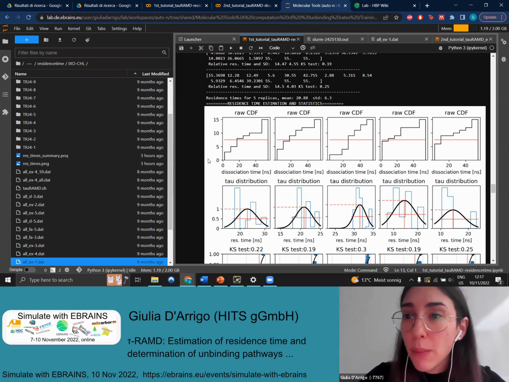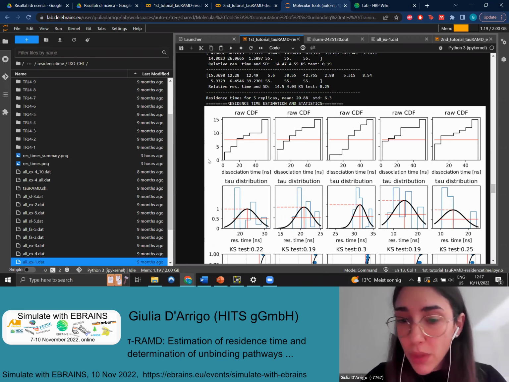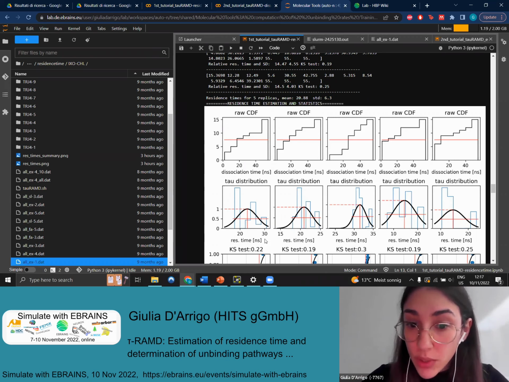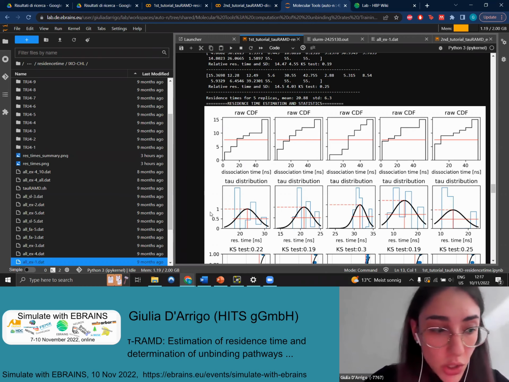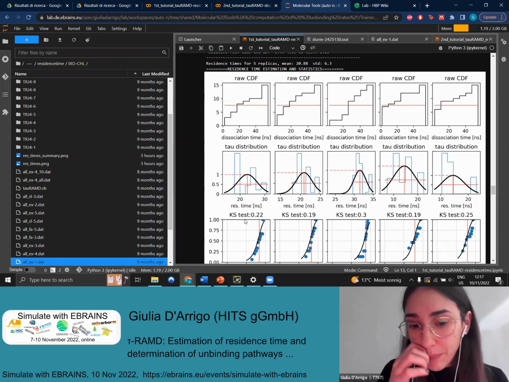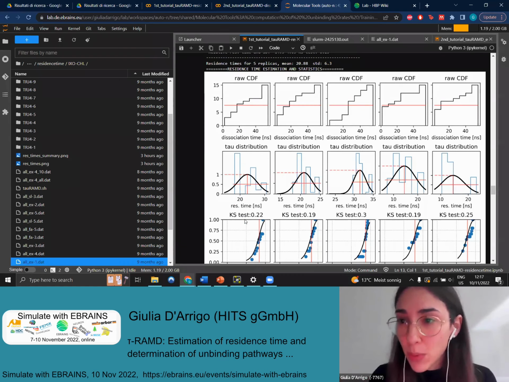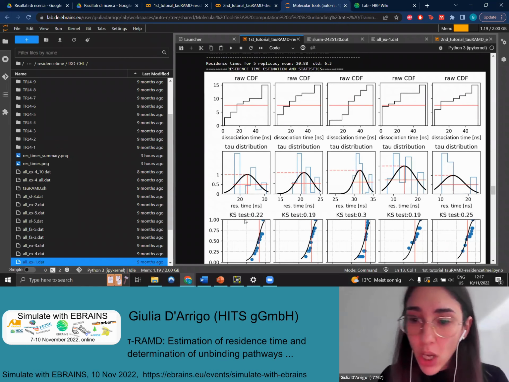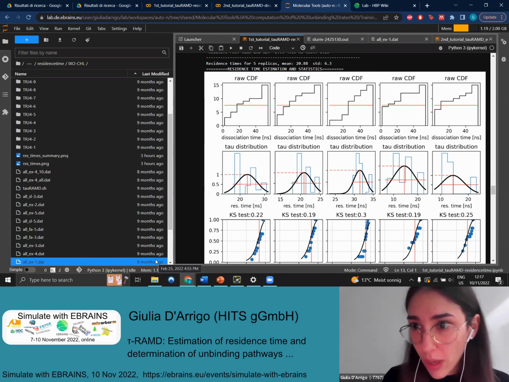But then we perform a bootstrapping procedure, whose result is shown here. Of course, ideally, if we have sampled our system enough, we would expect a Gaussian-like distribution. If this is not the case, then we would need to run more replicas and sample better.